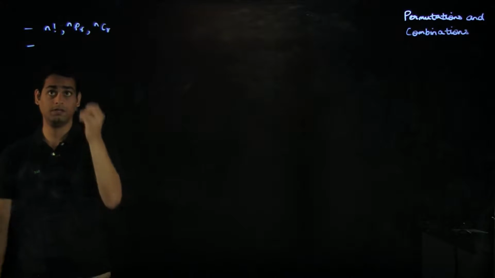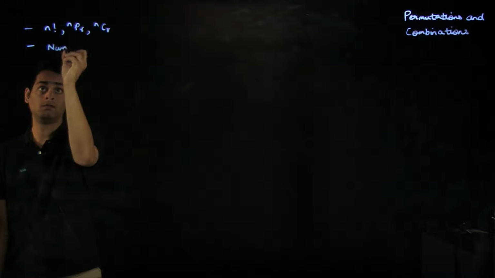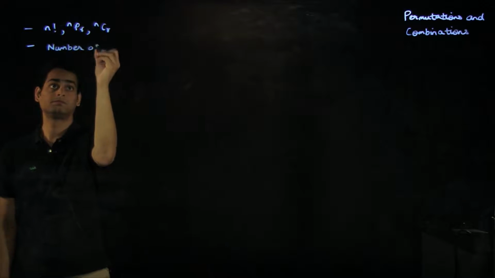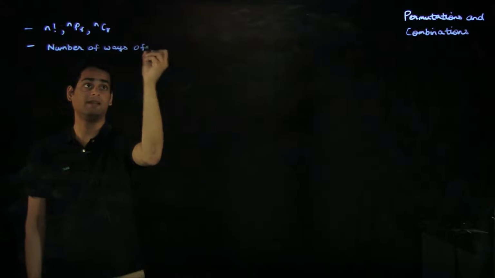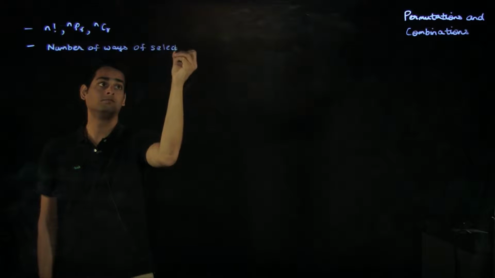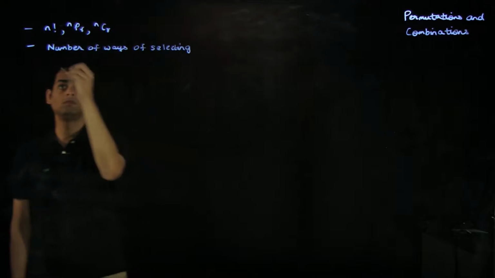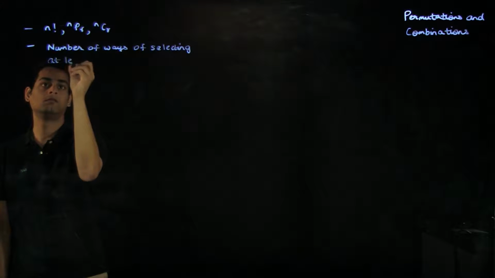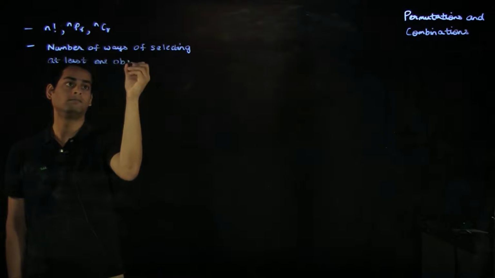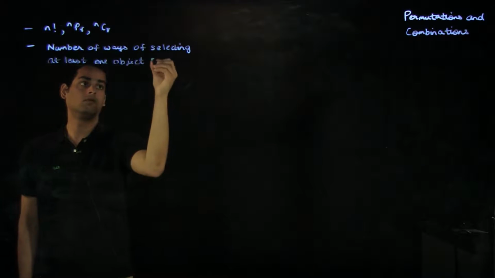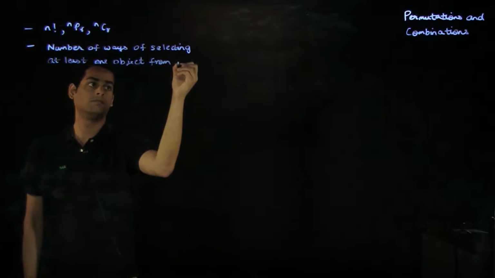So the first concept is the number of ways of selecting at least one object from n distinct objects.